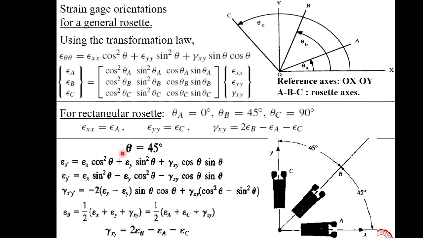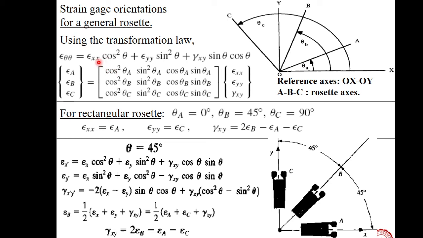And if these are the measurements with these angles, they would be given by these equations, is it not? For epsilon A, what is the equation?